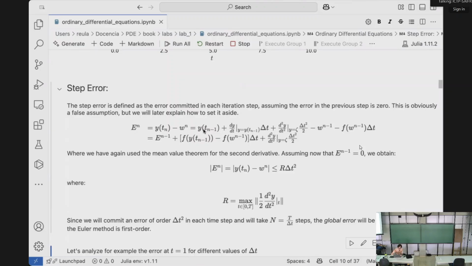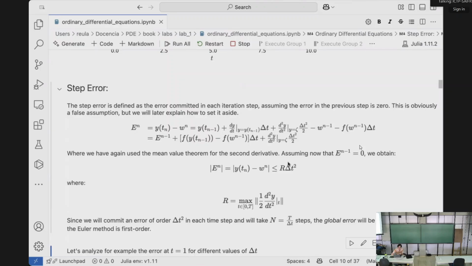So this is an expansion of y in t minus 1, and here we have a Taylor expansion and also our time step here, also starting from the previous step, right? And here we are using this to assume that in the previous step that we made no mistake. So here, when we reorder this, we get the error in the previous step plus something that grows with delta t plus something else extra that goes with delta t squared, right?